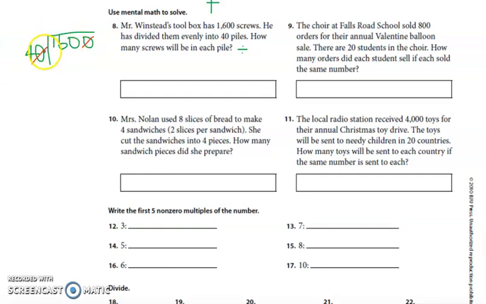How many times can 4 go into 16? 4 times. And we just need to put 0 here, and the answer is 40 screws. Don't forget to label.